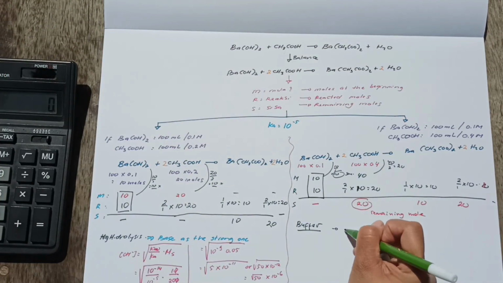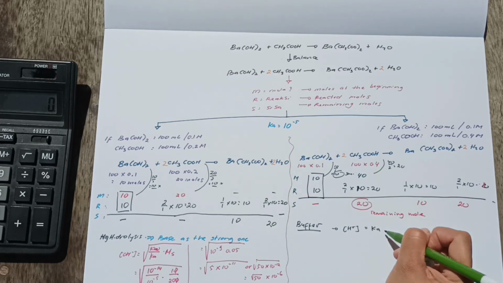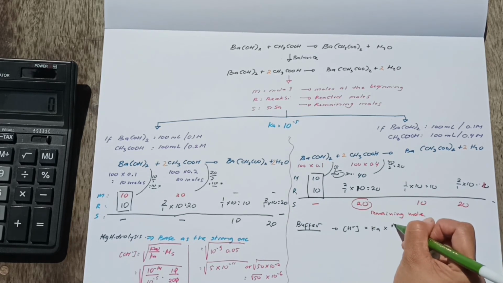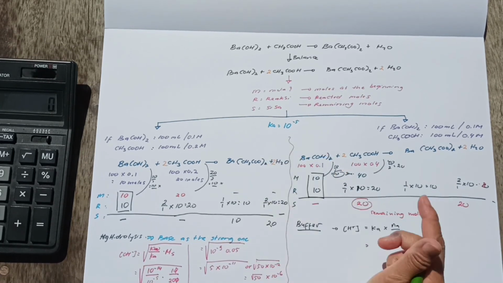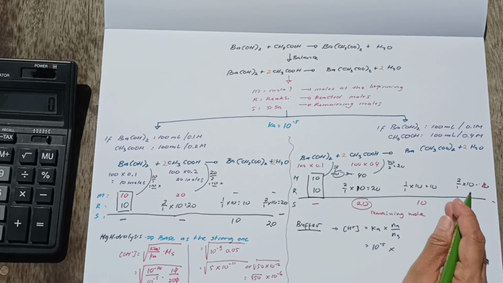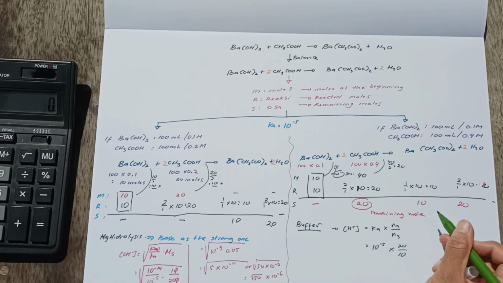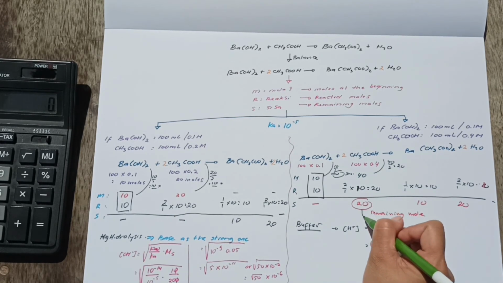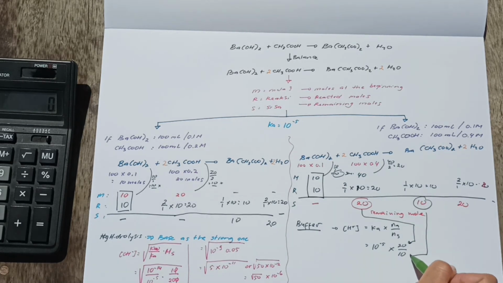H plus equals constant of acid times mole of acid per mole of salt. Put the constant of acid here, 10 to the power of minus 5, times the mole of acid, which is this one, 20 per 10. So this will go here while this will go here.